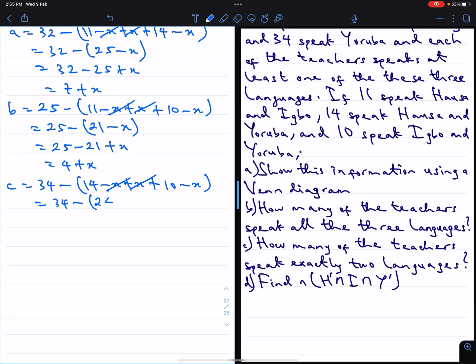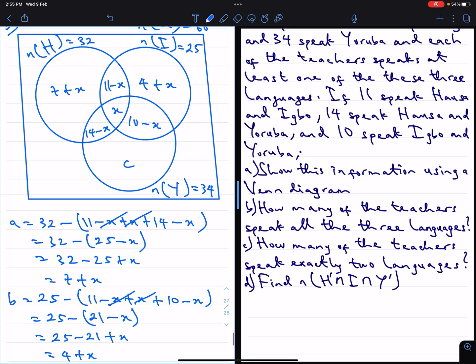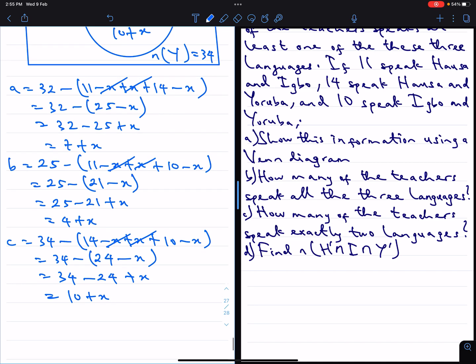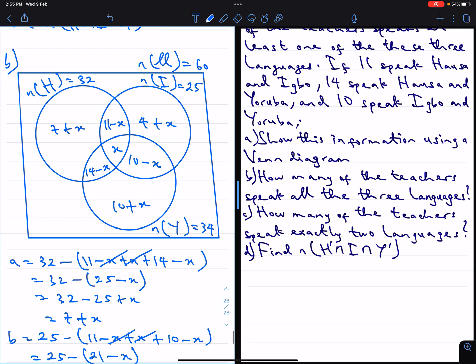So that means 34 minus open bracket 24 minus x, which means 34 minus 24 plus x when you open the bracket, and that's 10 plus x. So the number of teachers who speak only Yoruba is 10 plus x. Now the question is, how many teachers speak all the three languages? That's simply finding x, and this is what we do to get that.